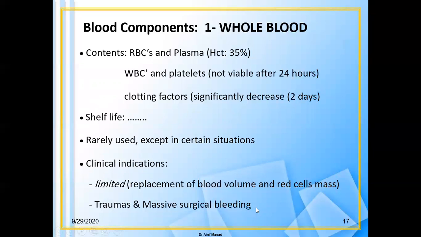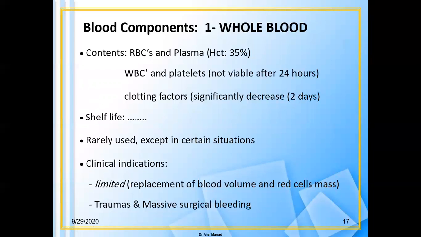And the least expiration is 21 days after donation, which is related to the type of anticoagulant as well. We talked about this topic in the last lecture. Rarely used except in certain situations.